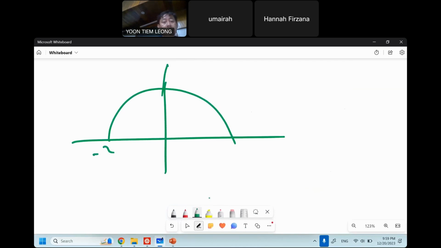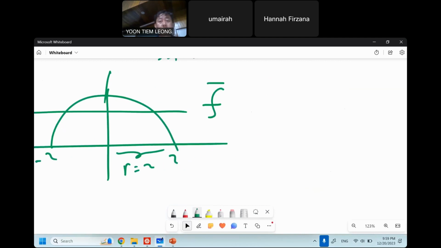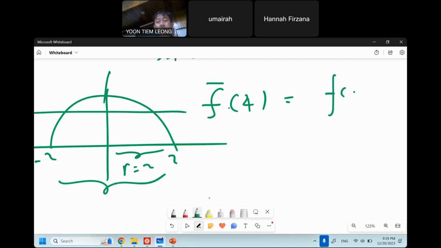I have minus 2 and I have 2, and this is a circle with a radius r equal to 2, and I'm looking for its average value. So the average value f bar multiplied with the width of 4 is equal to the area of the function defined between minus 2 and 2.